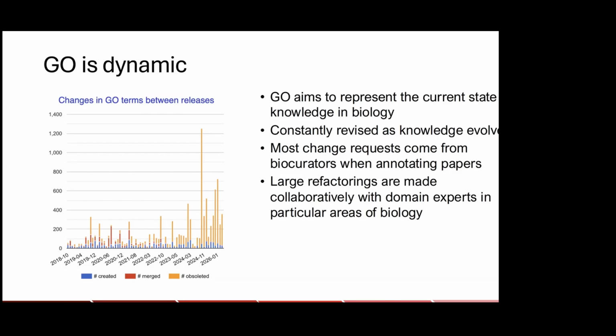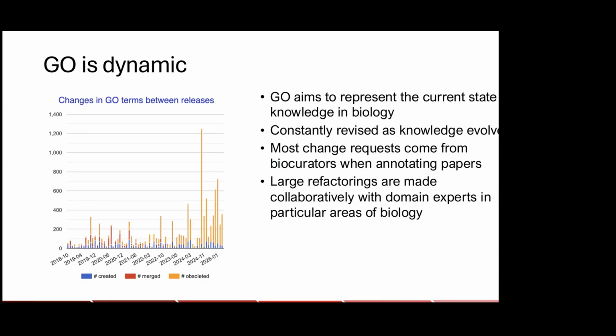And therefore, we sometimes need to refactor whole branches of the ontology that were not correctly representing how we understand biology right now. We have two ways we refactor the ontology.